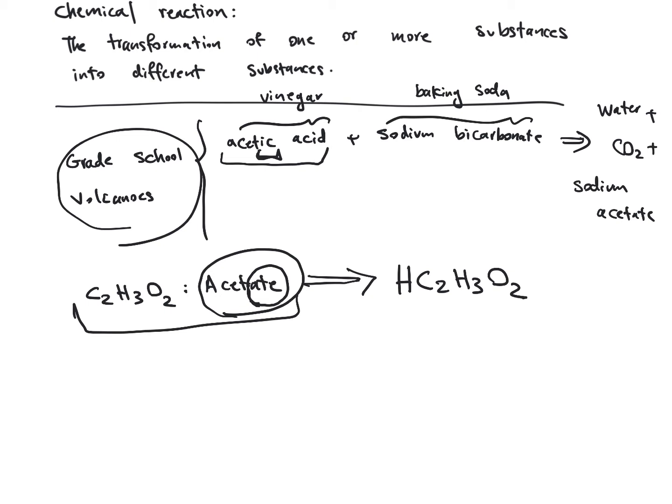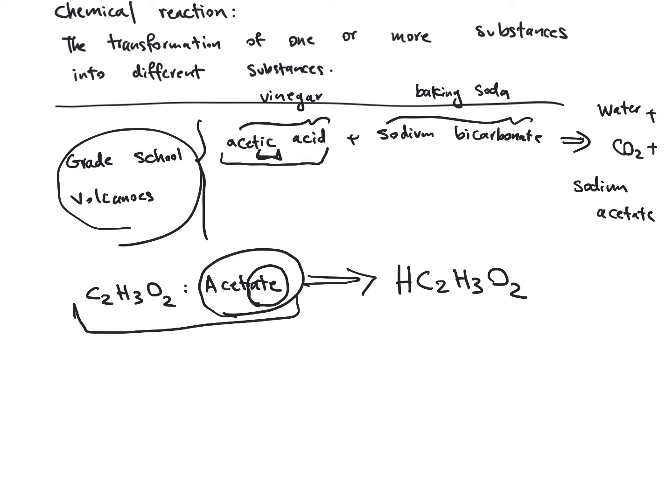Do you remember this? So you have the base name of the oxyanion plus, in this case, because it ends with ate, you have acetate. You have acetate, if you can see it.